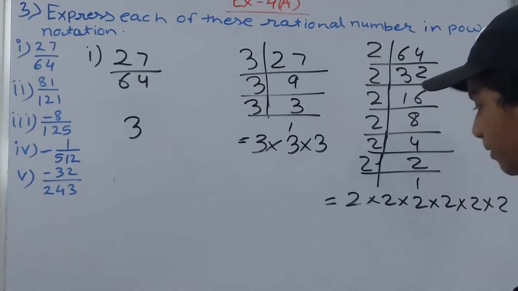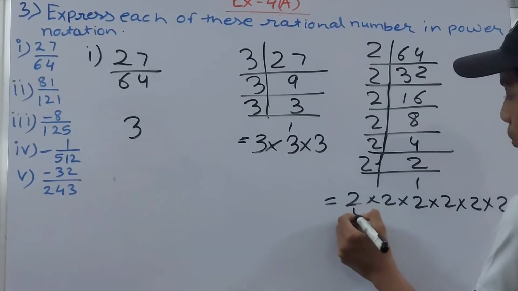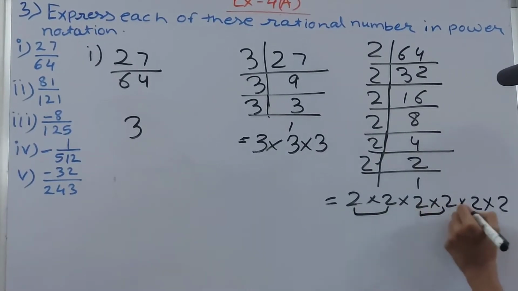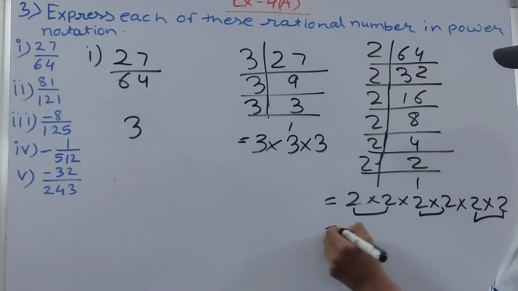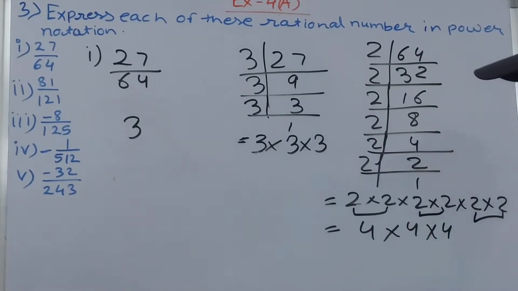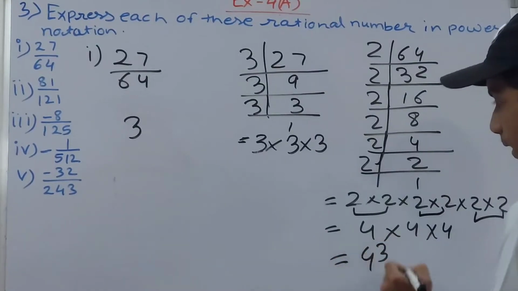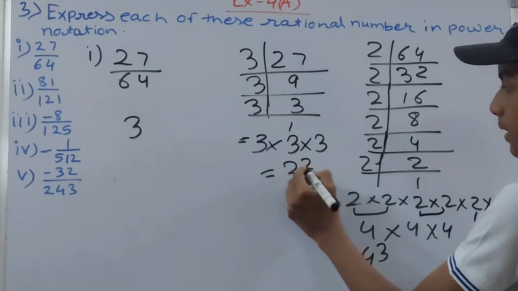Now you can simplify this as well. How can we simplify this? We can multiply 2 by 2 and 2 by 2 and 2 by 2, so we will have 4 into 4 into 4. You can do it this way as well. So 3 times 4, we get 4 to the power 3, and here 3 to the power 3.